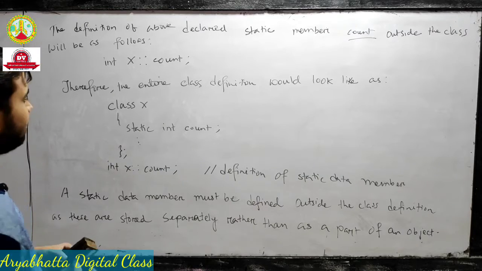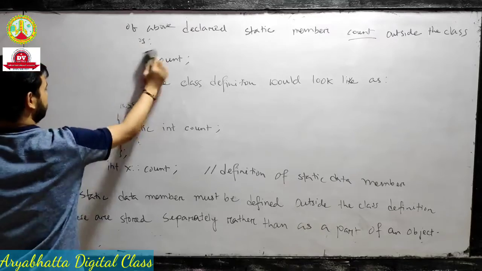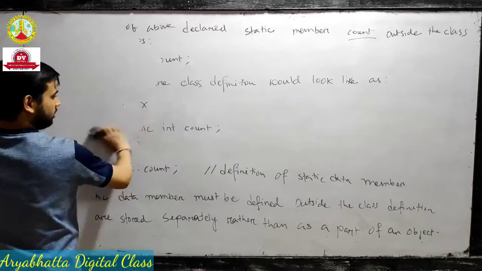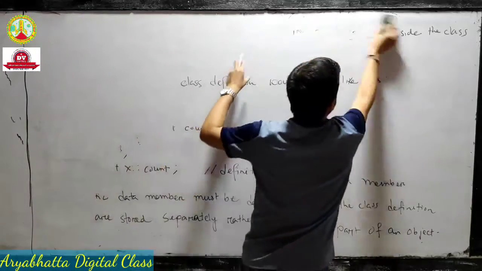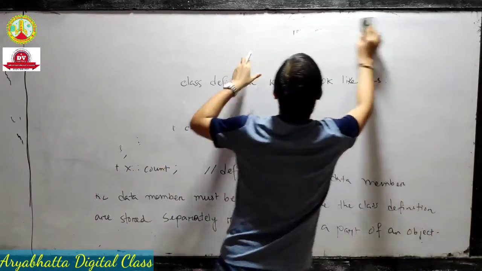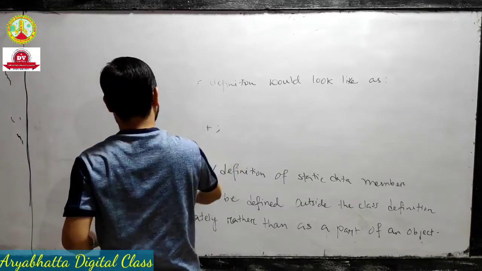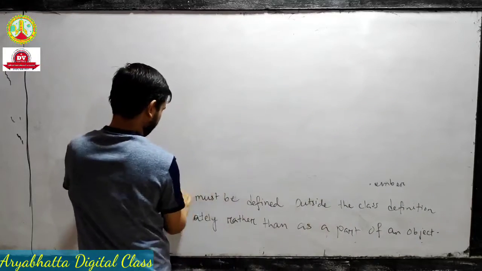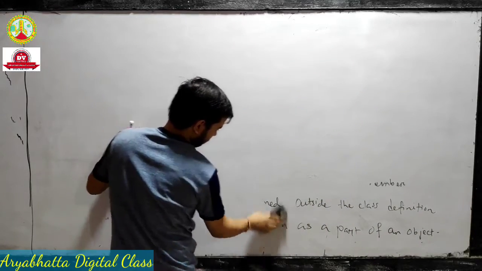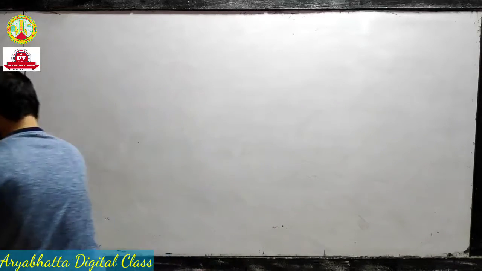And the next one is static member function. This is static data member. The next one is static member function.